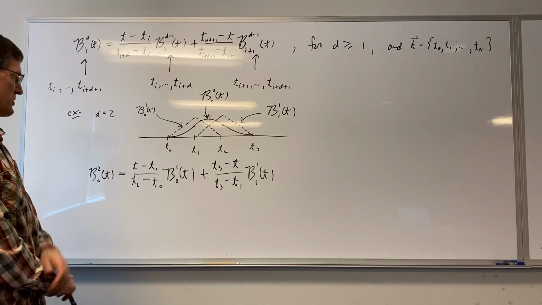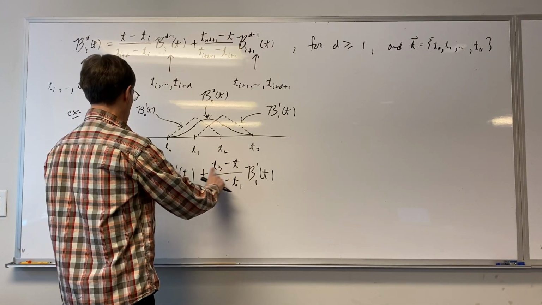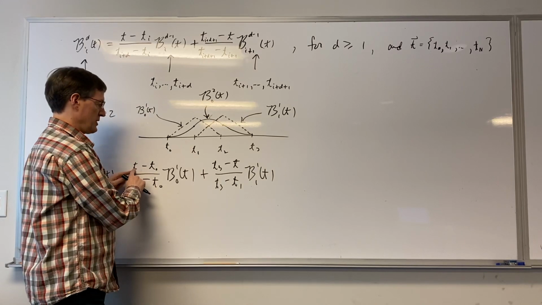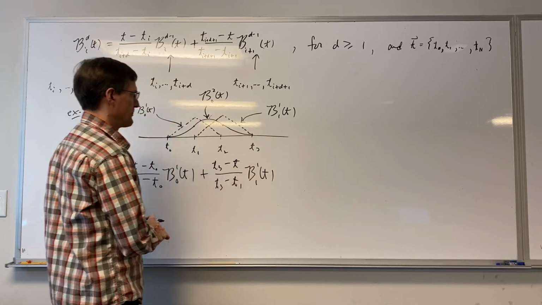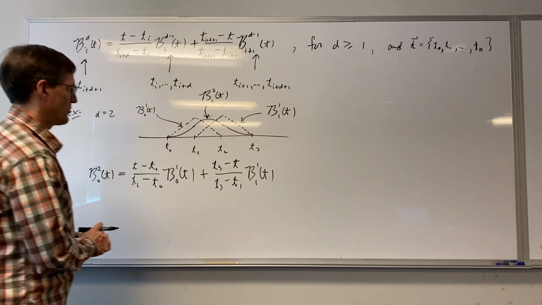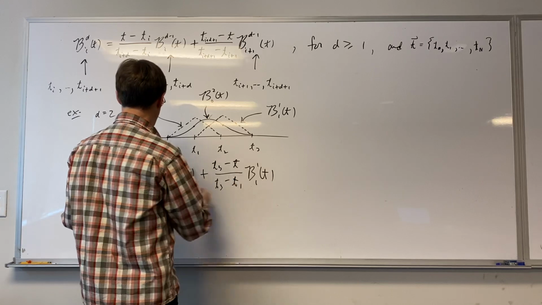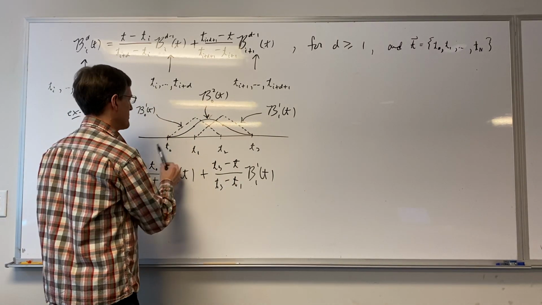Now, you might be wondering why we swap the t minus a constant and then a constant minus t on this side. Well, the parabola here is defined by t minus t0 times something going up.